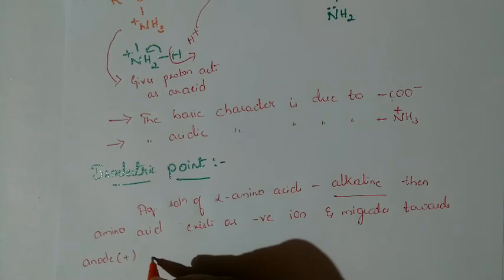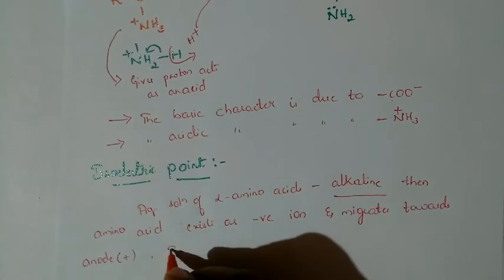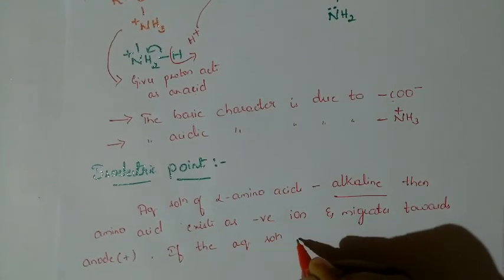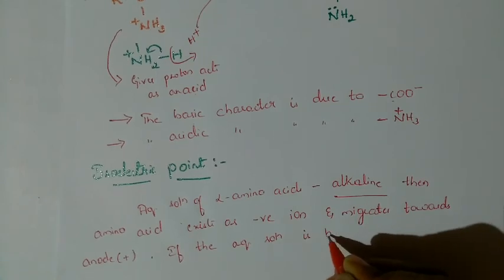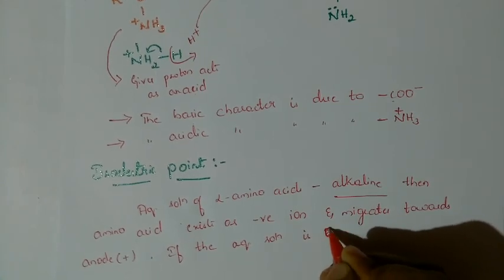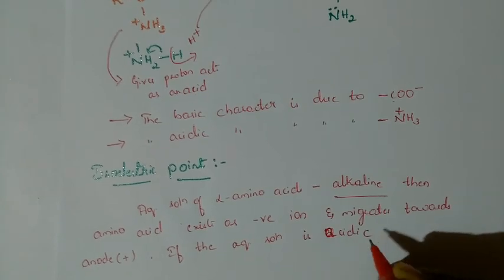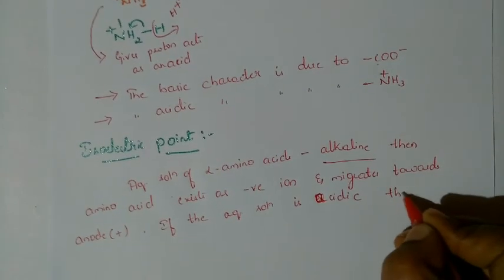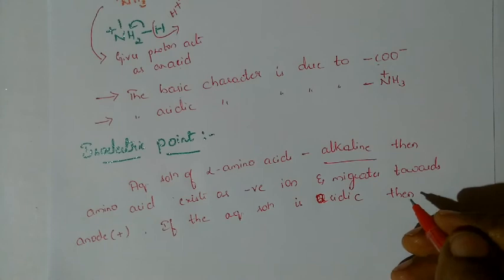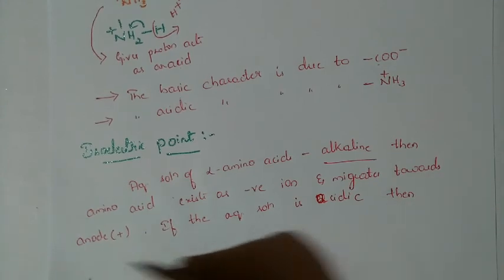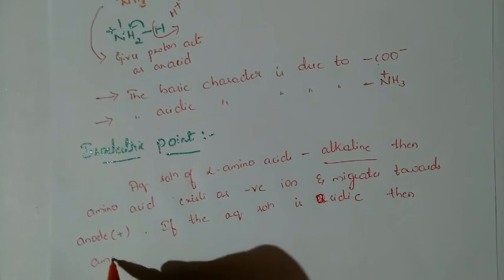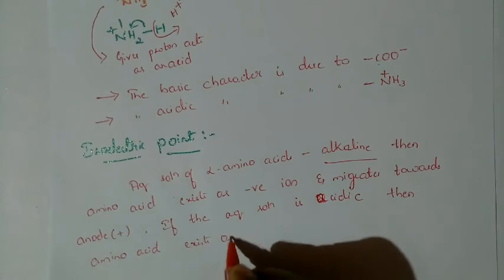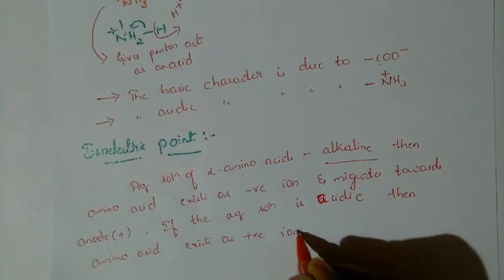Likewise, if the aqueous solution of alpha amino acid is acidic in nature, then the amino acid exists as a positive ion.